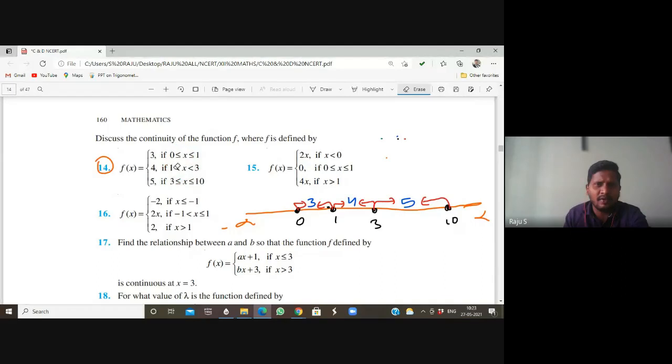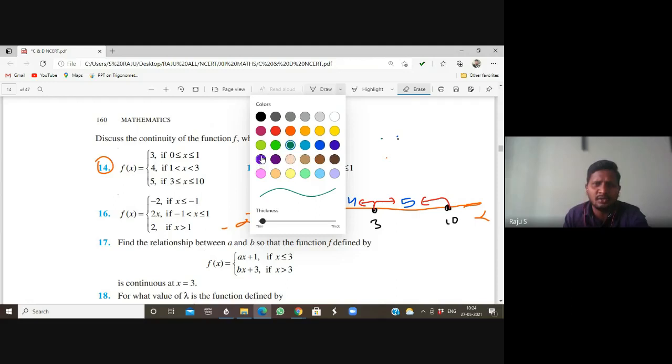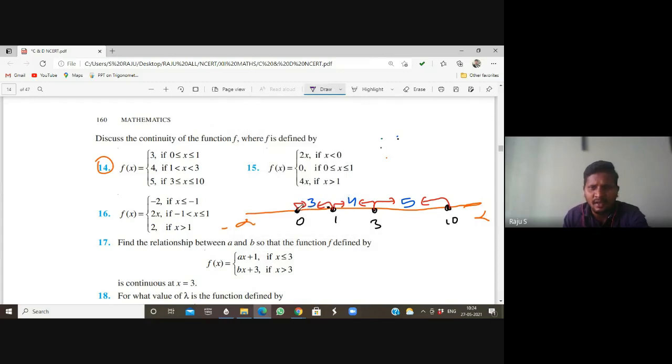Now, can anyone say whether the given function from 0 to 1 is continuous or not? Can anyone explain this? Is it continuous from 0 to 1? What about all three functions here?